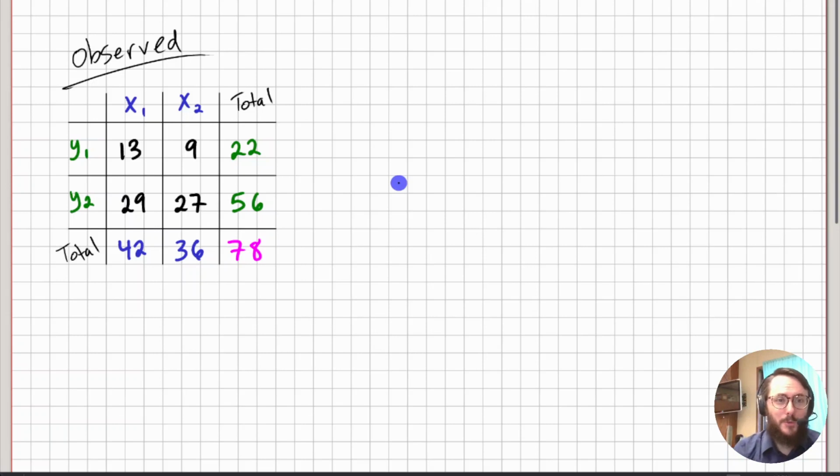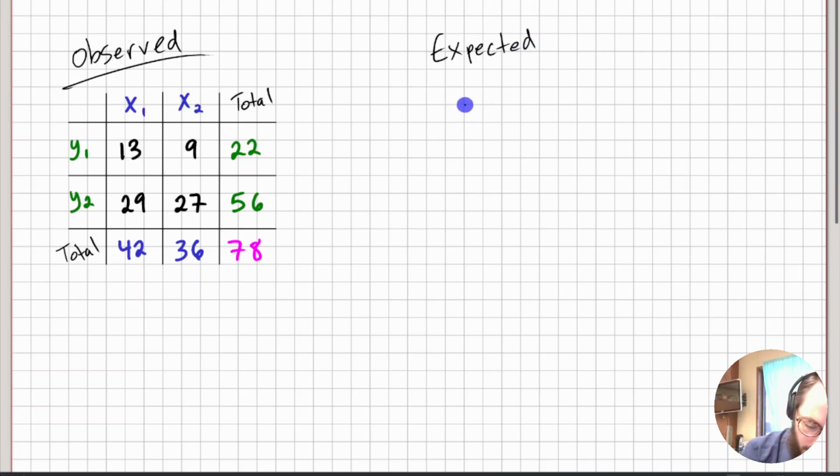Are you asking different groups one question? That's probably homogeneity. Or are you asking one group multiple questions? That's probably independence. Okay, so let's look at what it takes to actually get the expected values out of this.